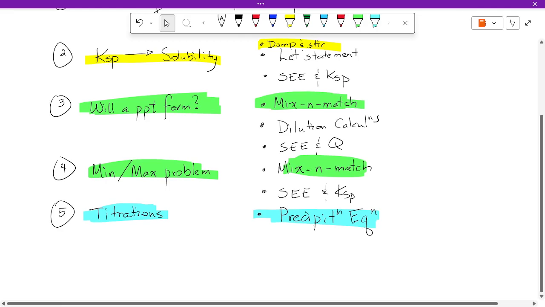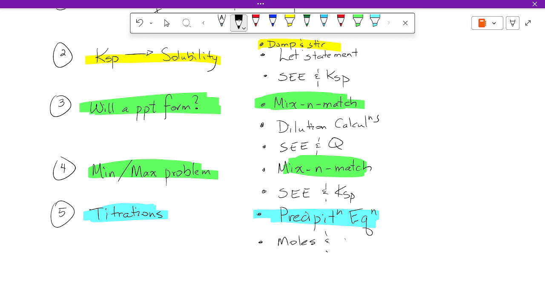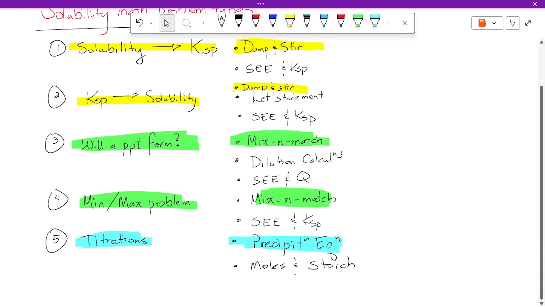And then you'll use moles and stoichiometry. So that last one is very different. So you've got 2 dump and stir, 2 mix and match, and 1 stoichiometry.